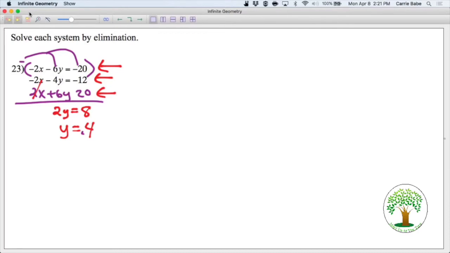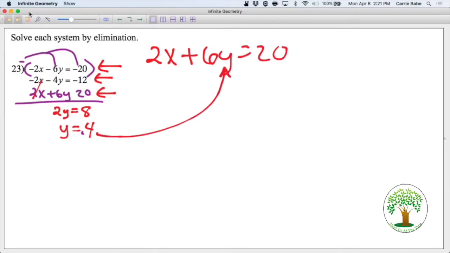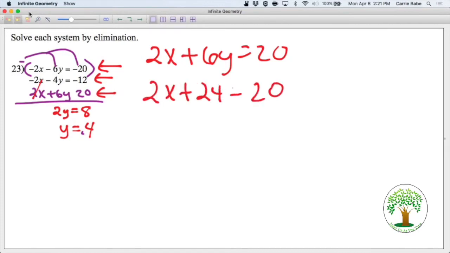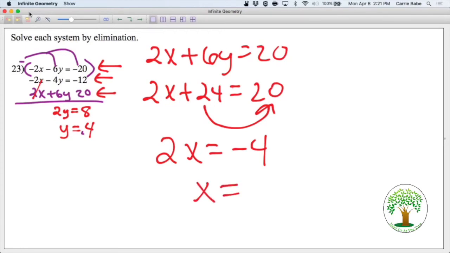Which one are you going to plug it into? Positive. So 2x plus 6y equals 20. I'm going to plug that 4 into that y. That'll make it 24. So 2x plus 24 equals 20. Move that over. 2x will equal negative 4.